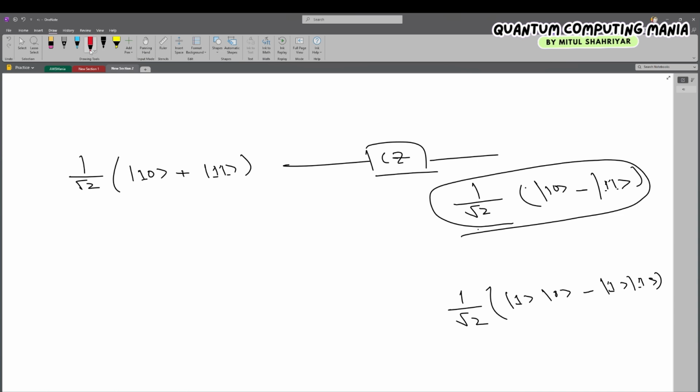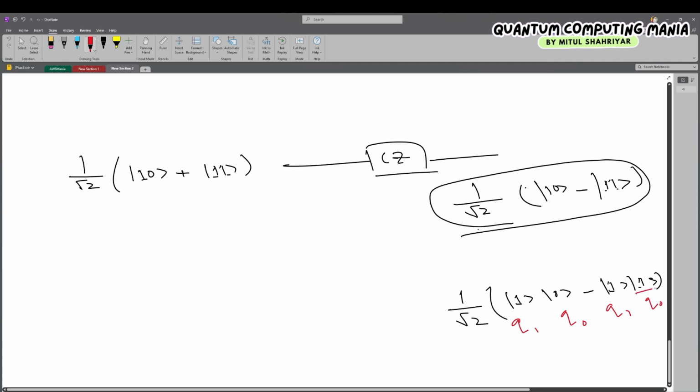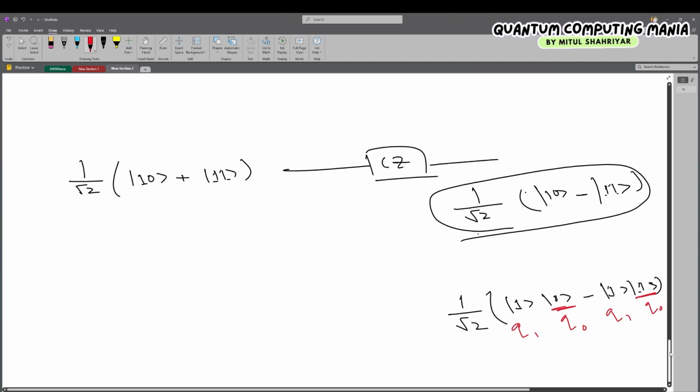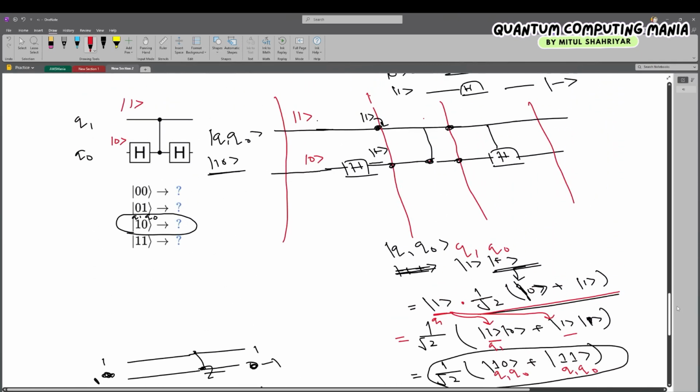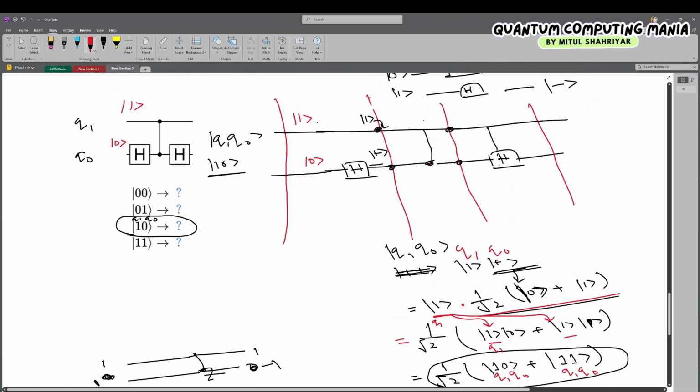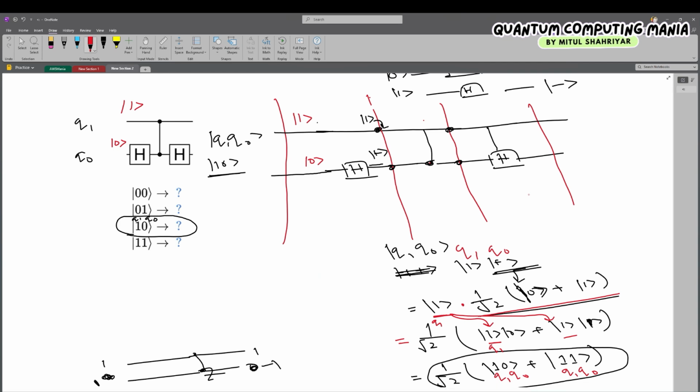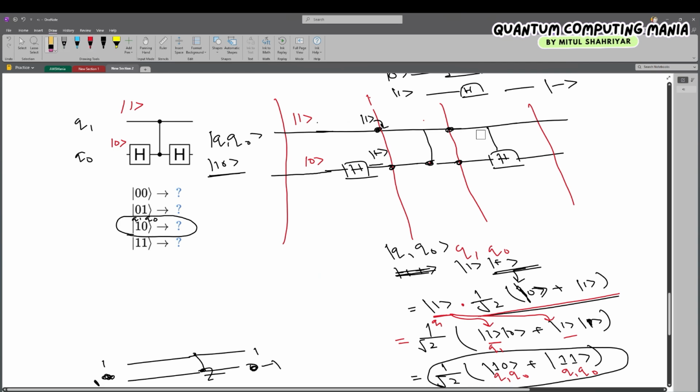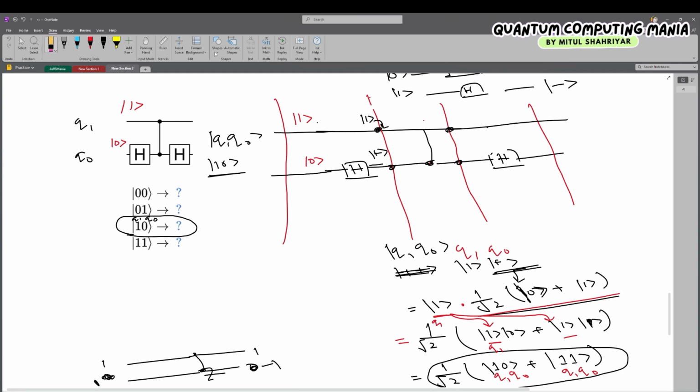And we can easily say this is our qubit 1, this is our qubit 0, this is our qubit 1, this is our qubit 0, and we know from the circuit that this Hadamard is applied to qubit 0. Oh, I think this line was mistakenly added because we never have this with Hadamard. Sorry for that. Okay, so yeah, we can do that for sure.